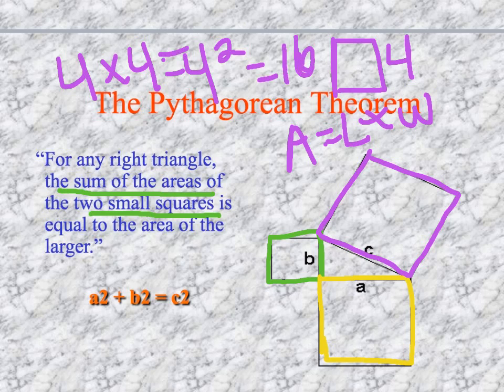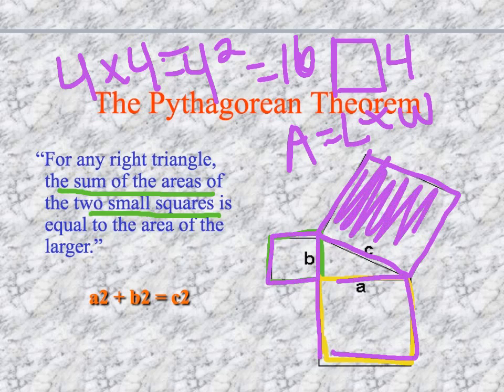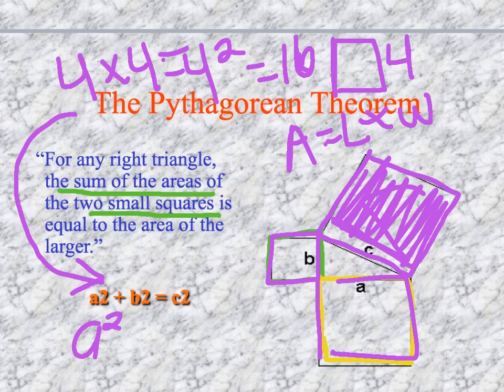Okay, so whatever the area of square B is and square A is, combined, it is the total area of square C. So this theorem is then changed into a formula, and this is the formula: A squared plus B squared equals C squared.